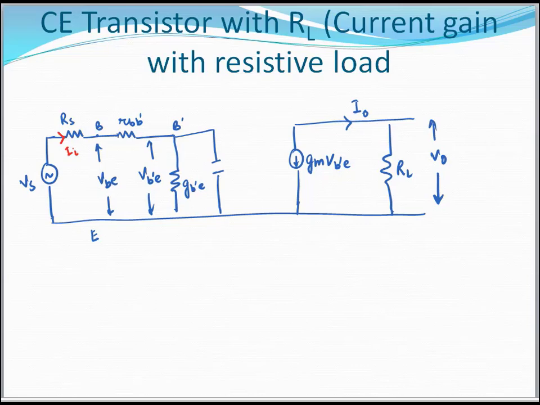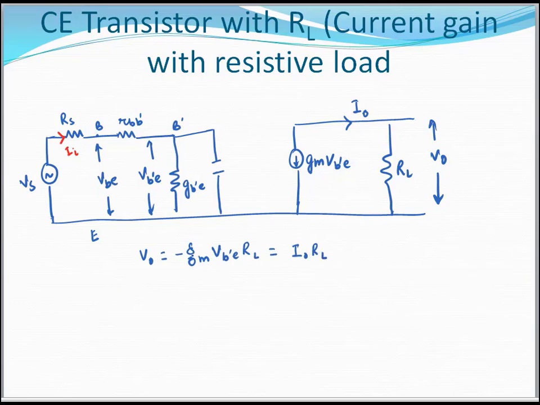So this is the final circuit after approximation, and further if we want to analyze, then this V0 is equal to I0 by RL, and I0 is minus of Gm Vb'e. So we can write here V0 is equal to minus of Gm Vb'e RL, and this is nothing but I0 RL.